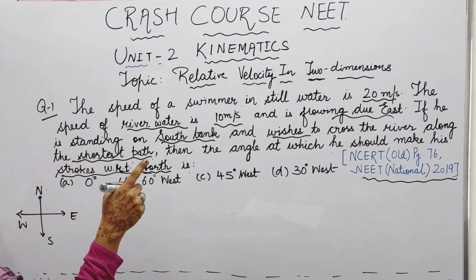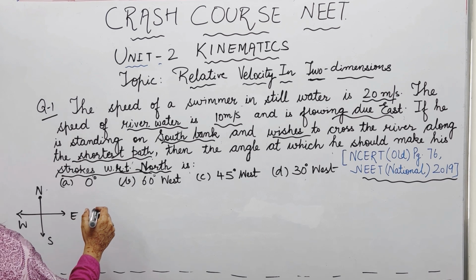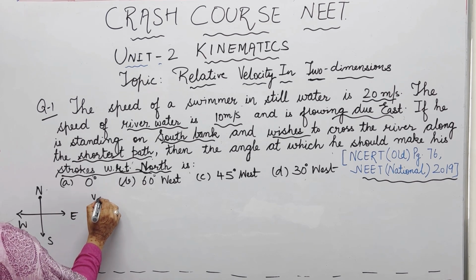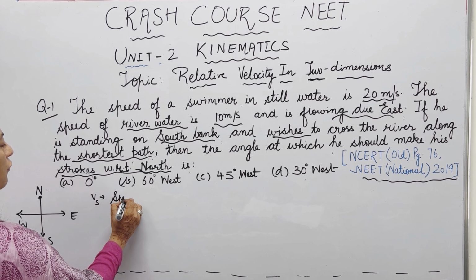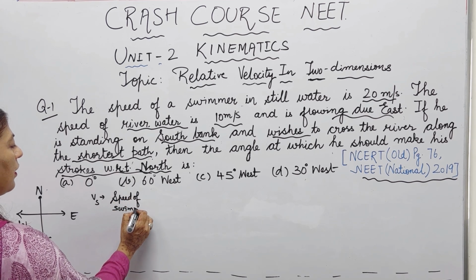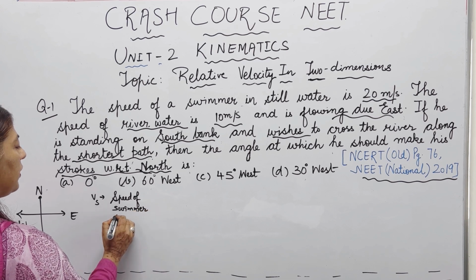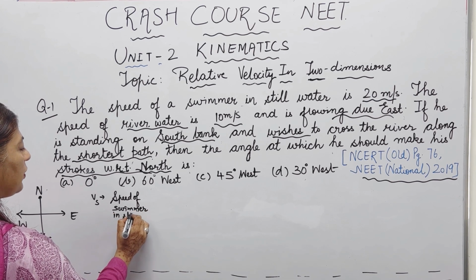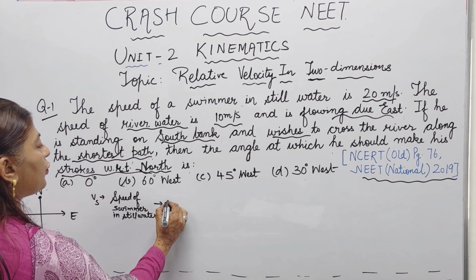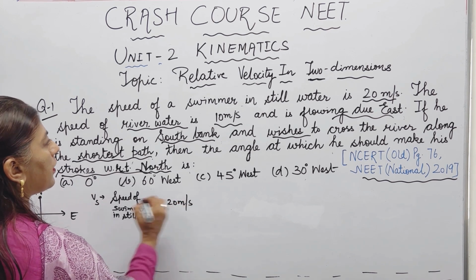The speed of the swimmer in still water. So let Vs be the speed of the swimmer in still water, and this value is given to us as 20 meter per second.